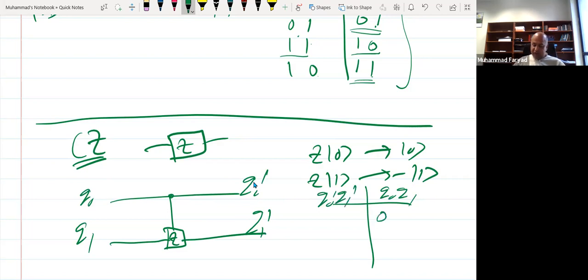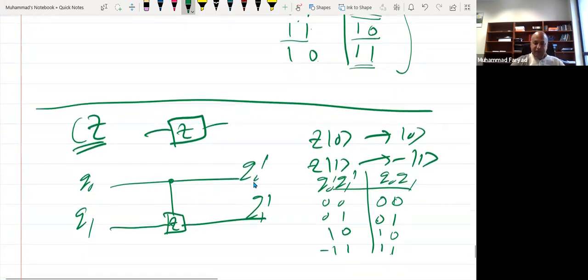If the control is 0, it doesn't matter if your target bit is 0 or 1, you get the same state. But if your control is set to 1, you have to apply the Z gate to the second qubit. So this 0 will still come out as it is, because that's what the Z gate does, but this 1 will get a minus sign.